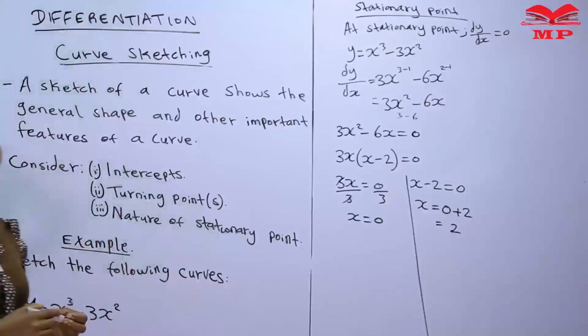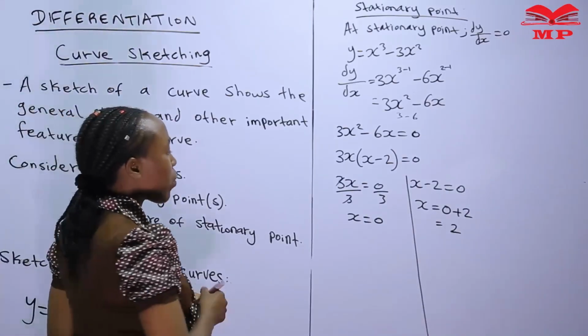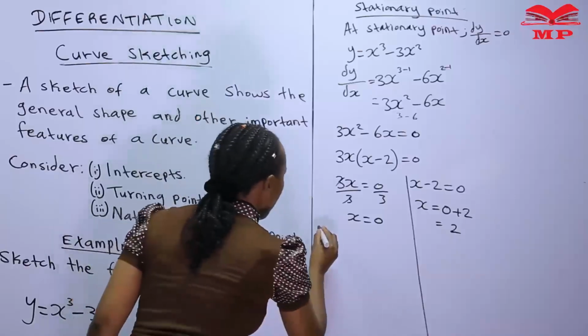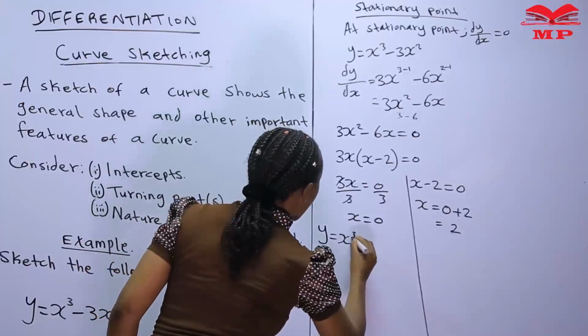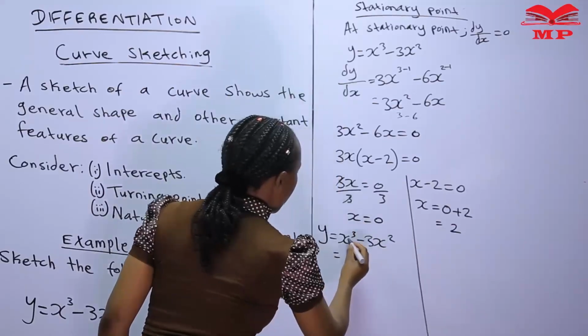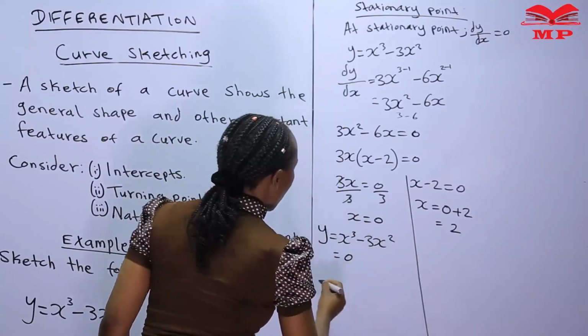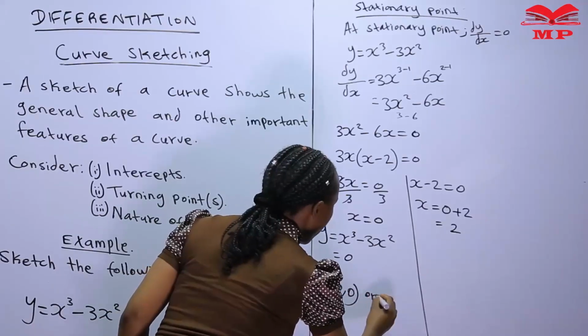So we want to get the corresponding values of y when x is 0 and when x is 2. Our equation is y is equal to x cubed minus 3x squared. So when x is 0, all this will be 0, and therefore we'll have the point as 0, 0, which is the origin.